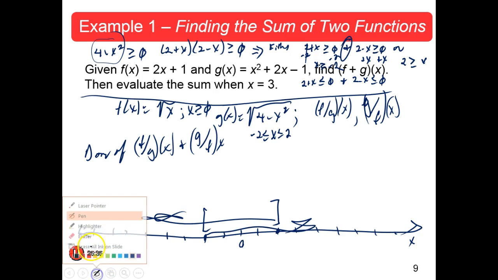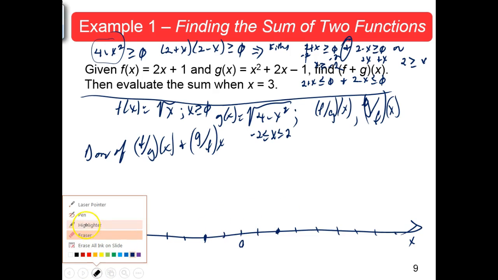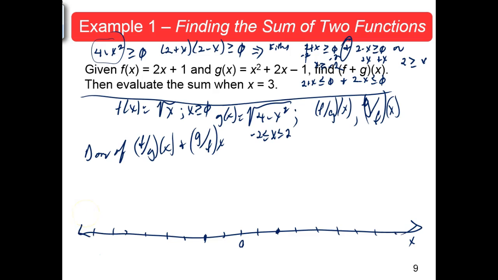I'm going to erase what we just did because I've written down my answer here. I'm going to leave those in place for a certain reason. The other possibility was this one down here: 2 plus x less than or equal to 0. What would you do first?